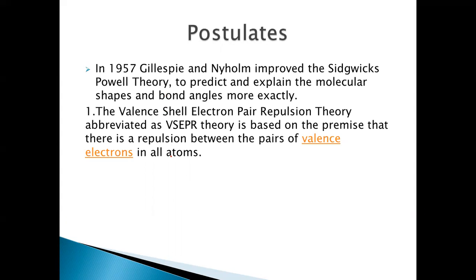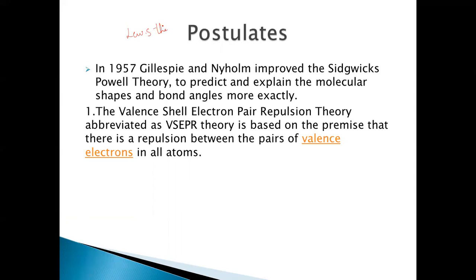Yes, let's look at the postulates of the VSEPR theory in detail, one by one. Before this, because of the limitations of the Lewis theory, various theories were put forward later.